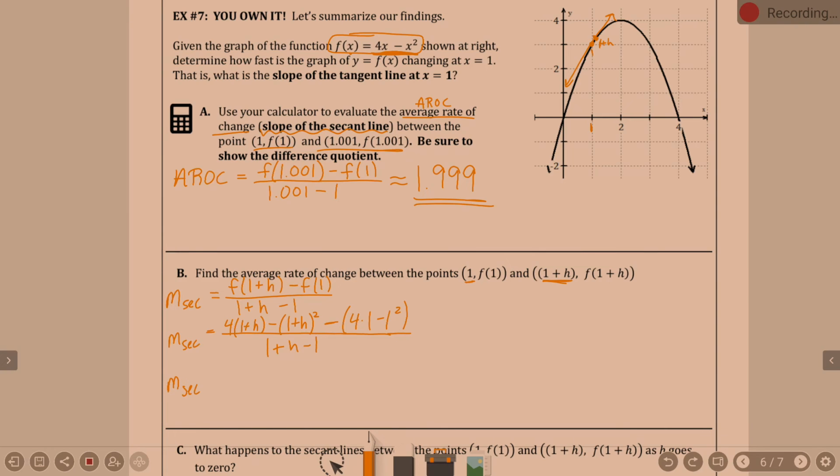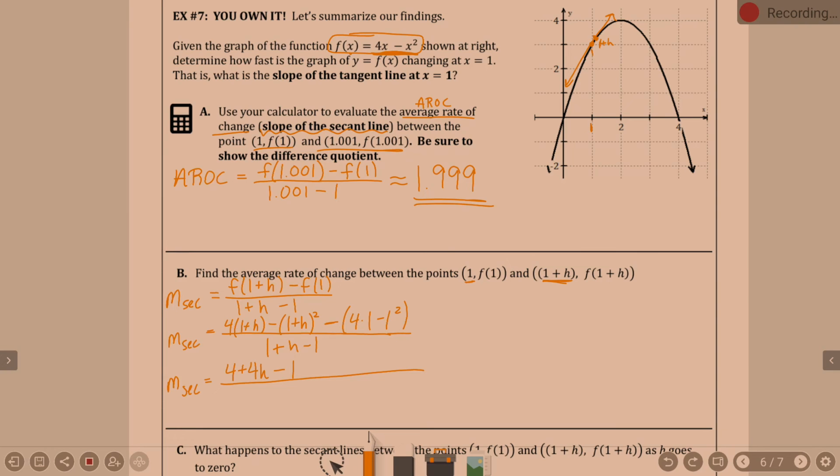We need to do some algebra, yes? Okay, 4 times 1 plus h, plus 4h. Okay, we're all there, yes? Now, we're going to subtract, and we're going to be doing 1 plus h quantity squared. So, foiling, 1 times 1, 1. But I'm going to subtract, so I'm going to say minus 1.